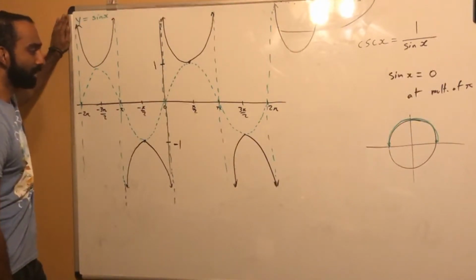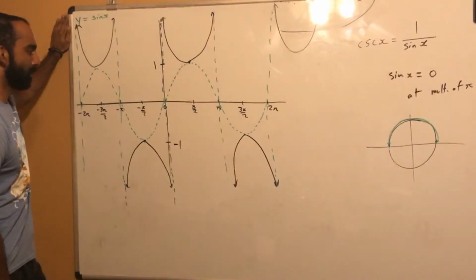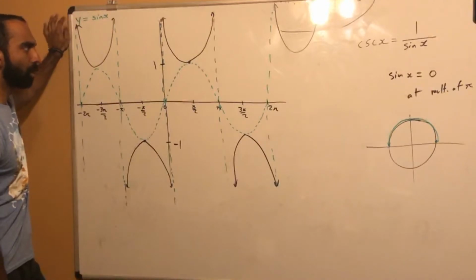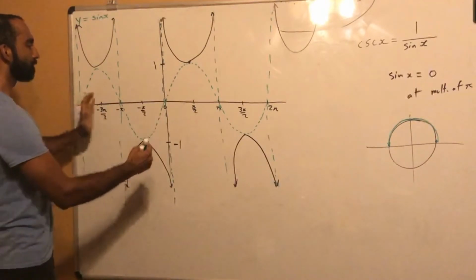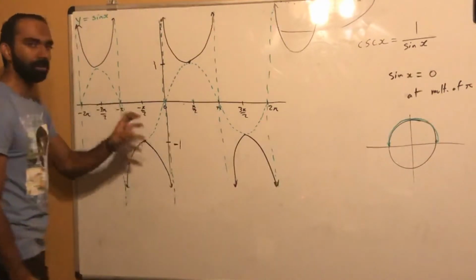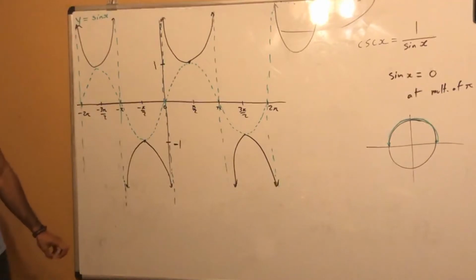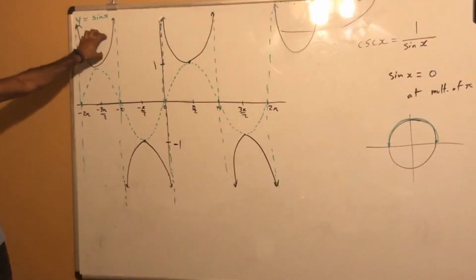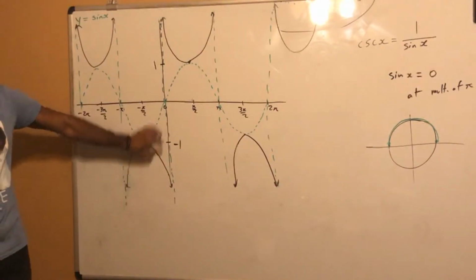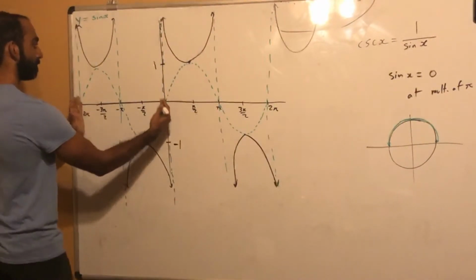What is the period of this graph? It'll be 2 pi. Again, we're looking for the amount on the x-axis that corresponds to a full cycle. A full cycle in this case is when you go from happy to sad, happy to sad, and that's the length of 2 pi.